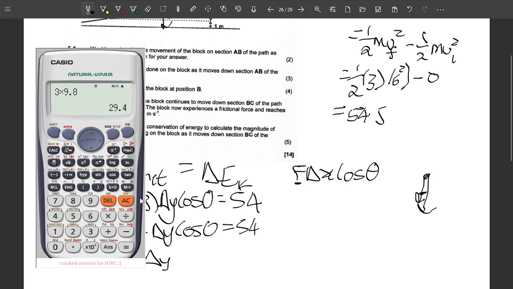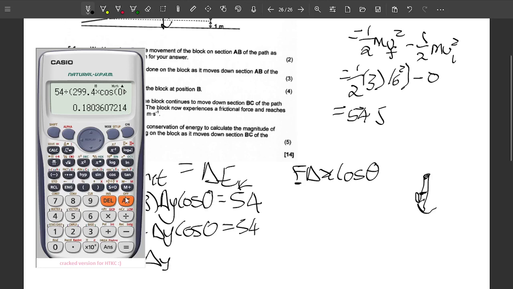So now I'm dividing both sides: 54 divided by 29,4 multiplied by the cos 0, although I know what cos 0 is, but I can't be too careful. And then we get the answer of 0.18 something. Okay, this doesn't look anywhere near trustworthy.